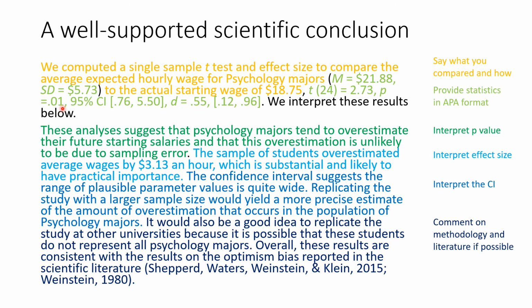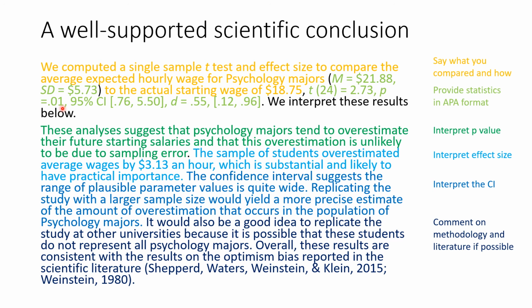Then finally, you want to comment on the methodology and the literature. It's also a good idea to replicate the study at another university, because this was only taken from one university. So one limitation of the study is maybe this university is unique in some way, and we want to compare it to other universities. So again, replicate at another university because it's possible that these students do not represent all psychology majors.